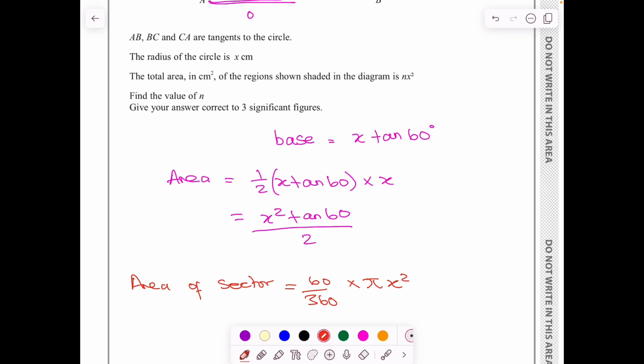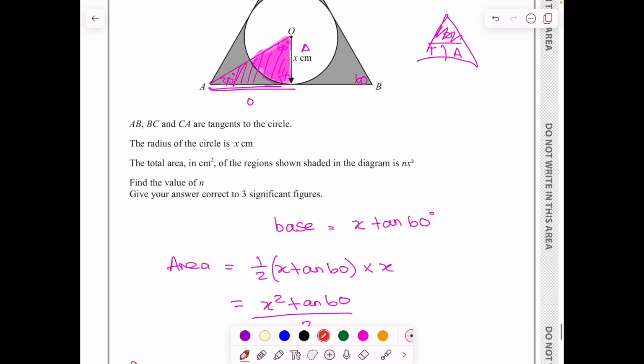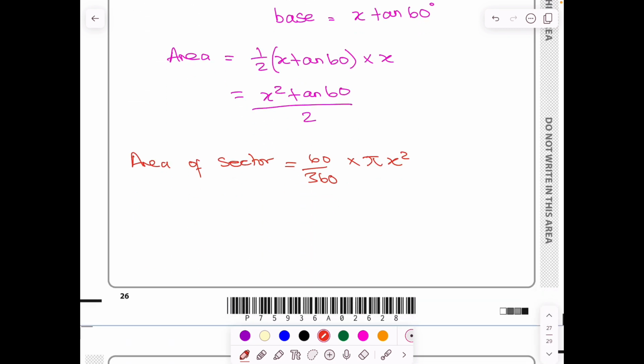So remember, pi x squared, because x is the radius, will give you the whole circle, but I don't want the whole circle. I only want part of it, which is the sector. So that's why I've got this 60 over 360, which simplifies to pi x squared over 6. So then we're almost there.